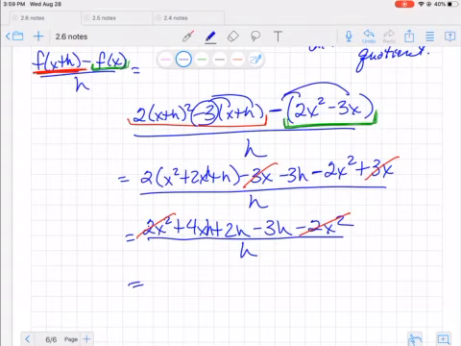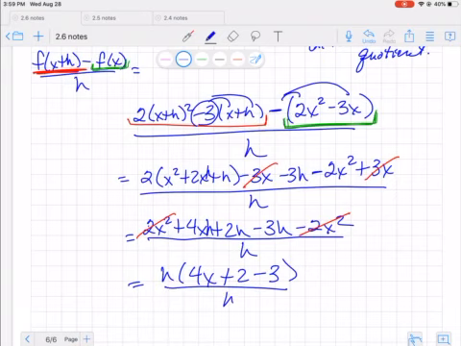Okay. So now if I factor an h out of that numerator, I'm left with 4x plus 2 minus 3. Oh, those I could put together, couldn't I? Well, I wasn't paying a bit of attention. I've got to get my act together, don't I? Take that all over h.